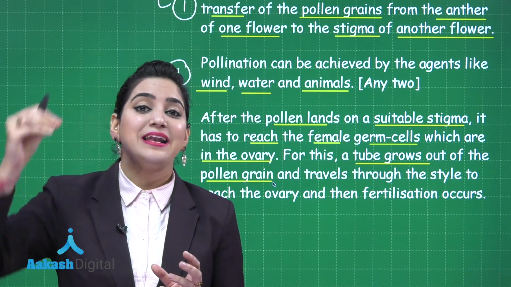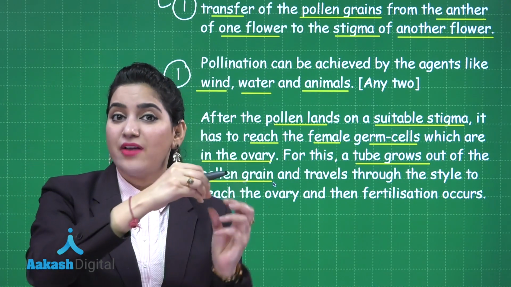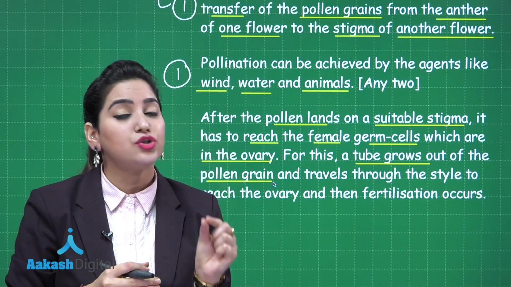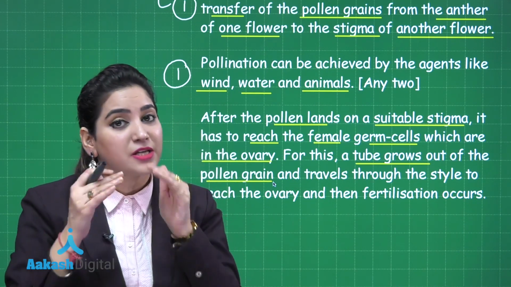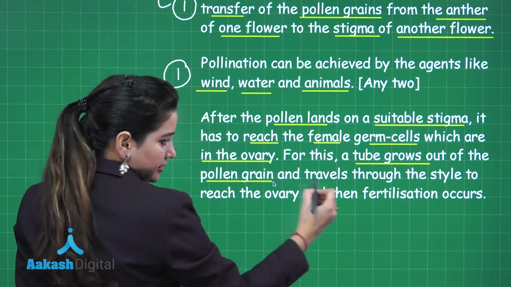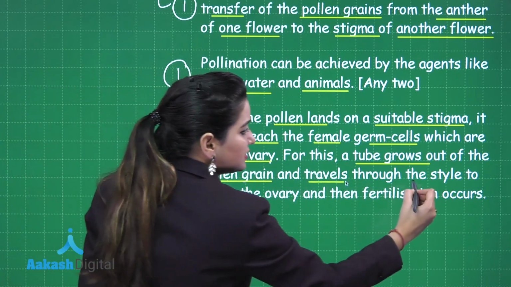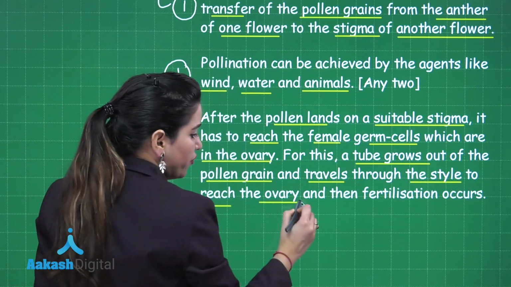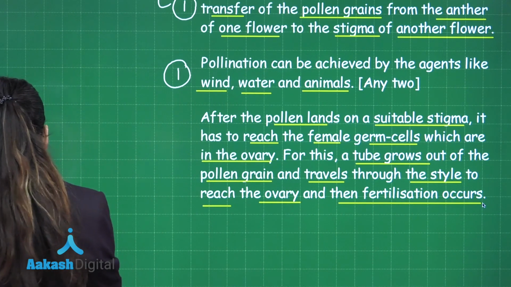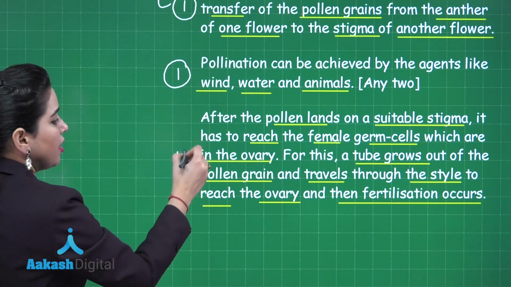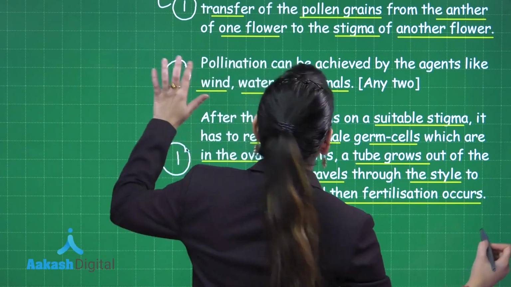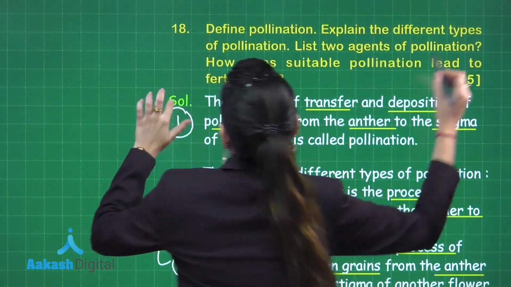Pollen grain lands onto the stigma, and then from this pollen grain a pollen tube emerges, and that pollen tube carries male gametes to the female gamete which is present inside the ovary. The pollen tube travels through the style to reach the ovary, and then fertilization occurs. So that's the mechanism of fertilization, and this is going to give you 1 more mark. So yes, successfully you have earned 1 plus 1 plus 2 here plus 1 here.